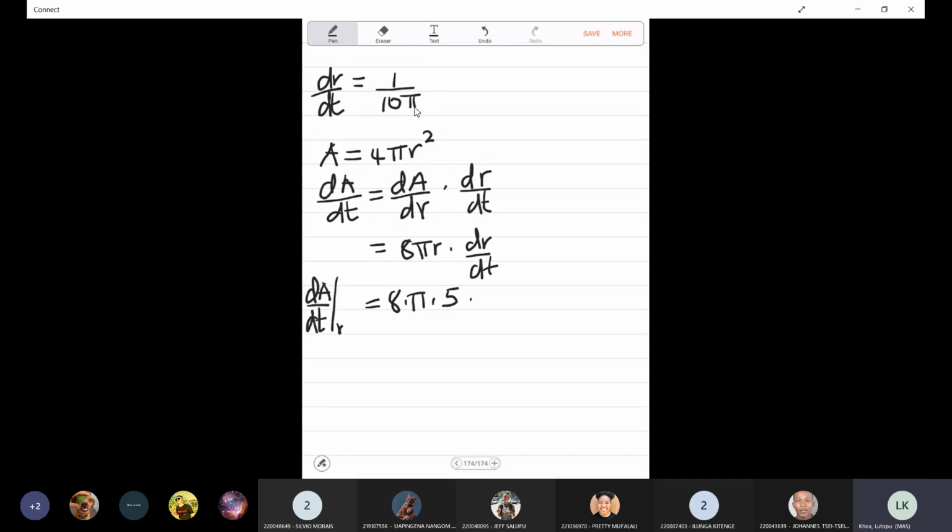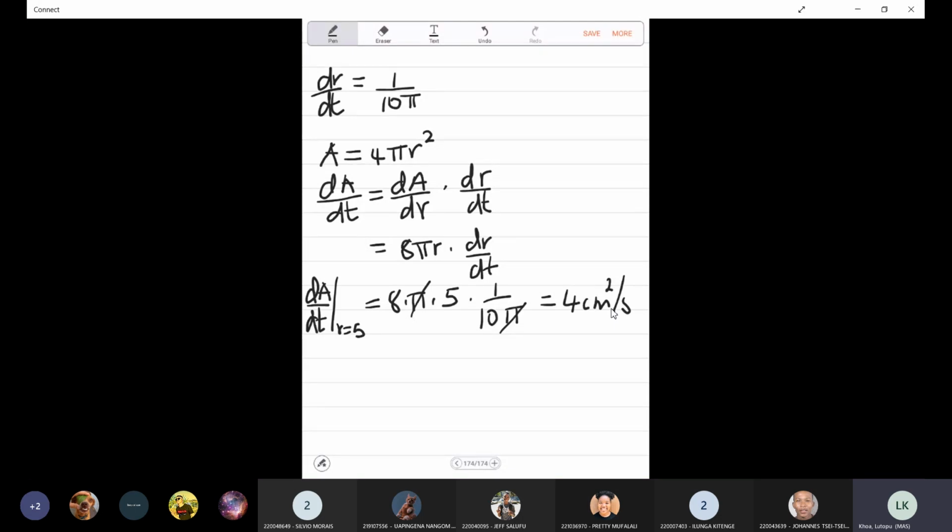Here r is equal to 5, so we're looking for it at that particular instant. It's 1 over 10 pi, and see, the pi's cancel. So this is 4, and our units are centimeters squared per second. So include the units.